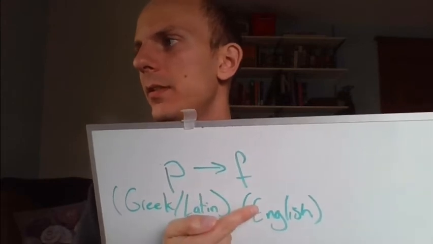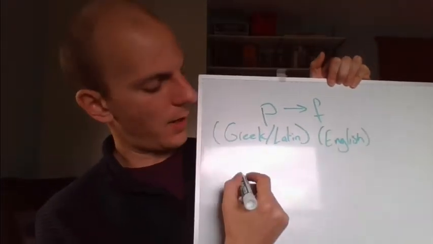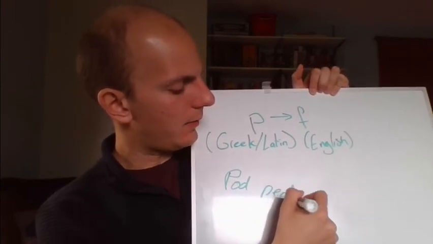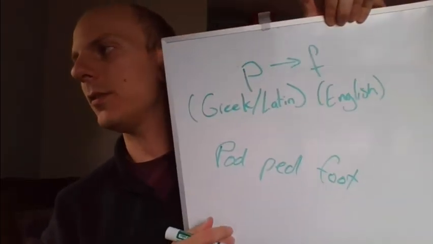Right, and then we can look throughout these languages, at Greek and Latin and English, to see if this pattern in fact holds. Right, and again, we find ample evidence of this. We find pod, ped, foot. No, glare's bad.